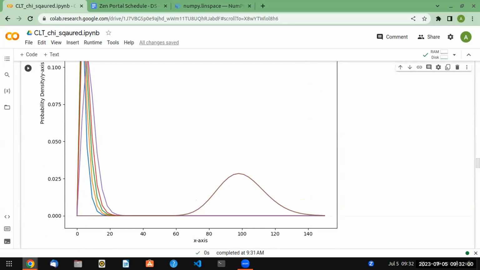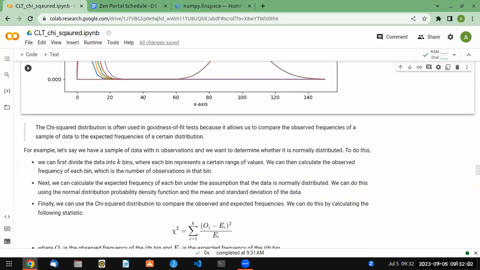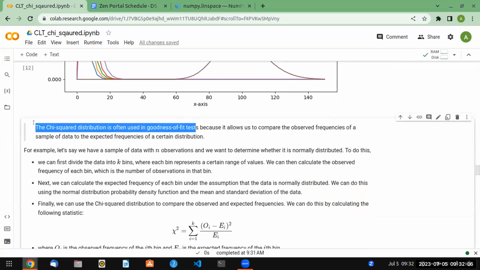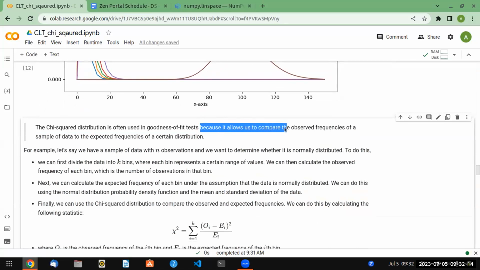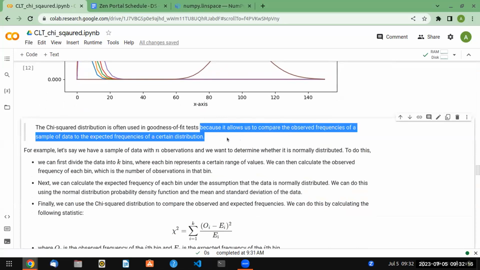it is like taking... So guys, that goodness of fit test, right? You remember yesterday I was saying. Chi-square distribution also can be used to do this, because it allows us to compare the observed frequency of a sample of data to the expected frequency of a certain distribution.